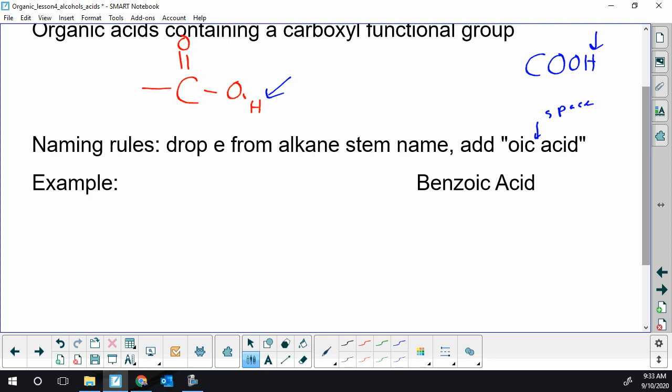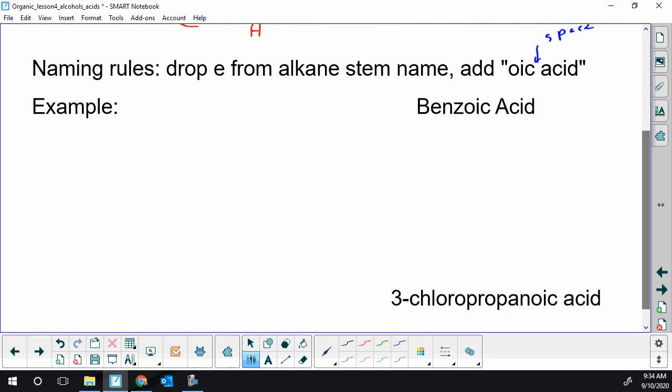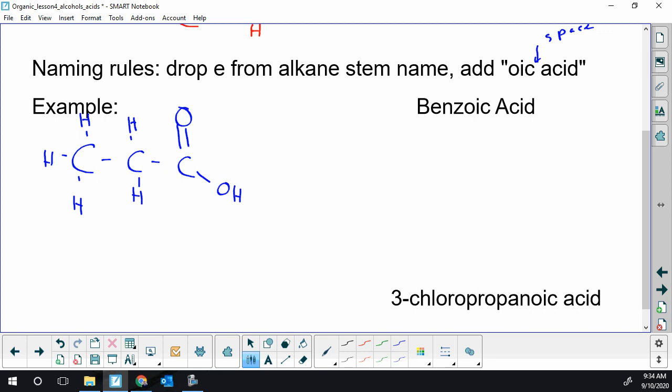It's the first space we're going to have in a name. So a 3-carbon long carboxylic acid.